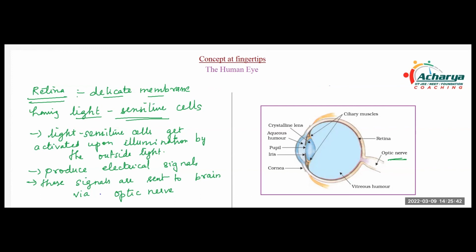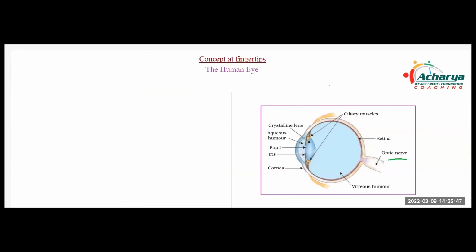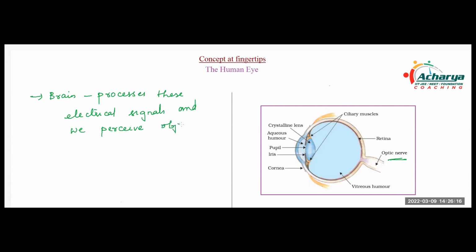Finally, these electrical signals are processed by the brain, and we perceive objects as they are.